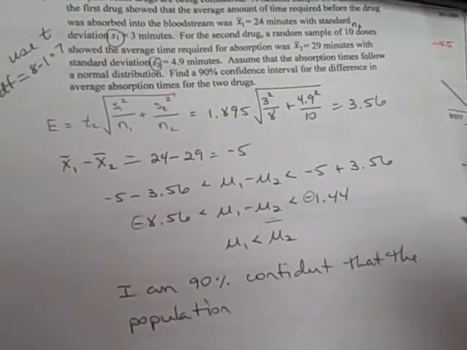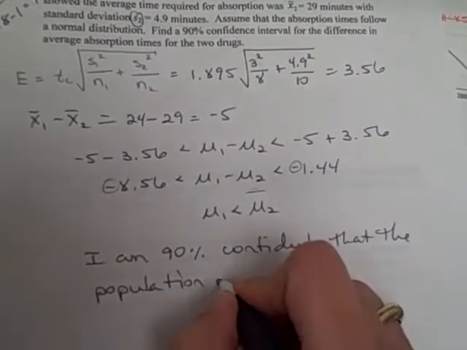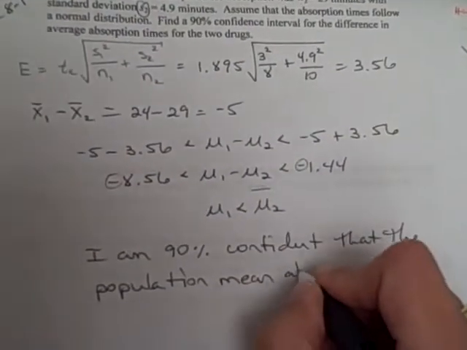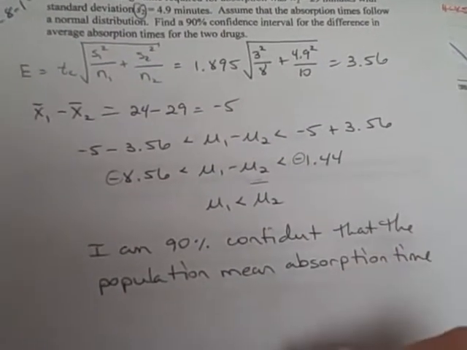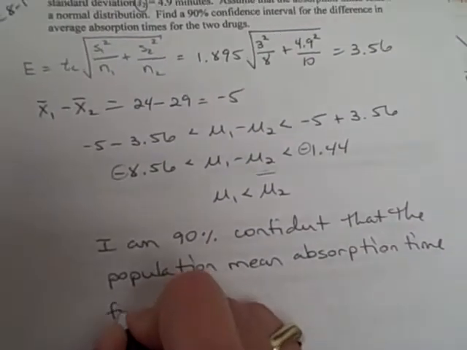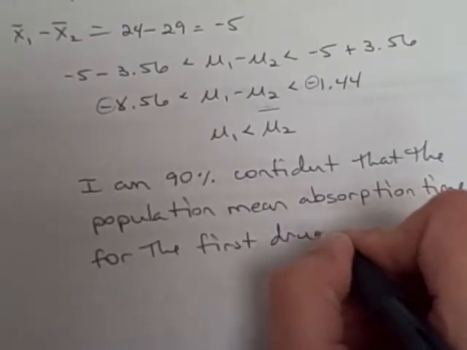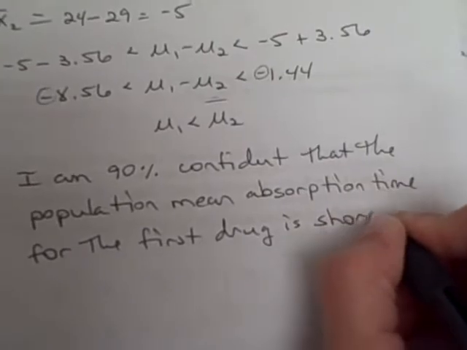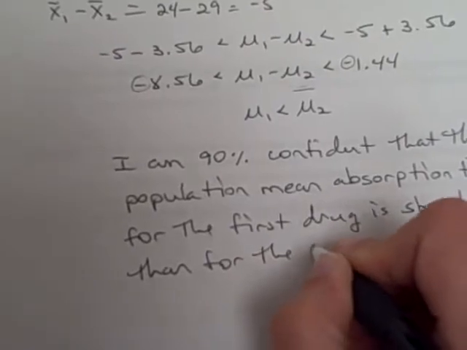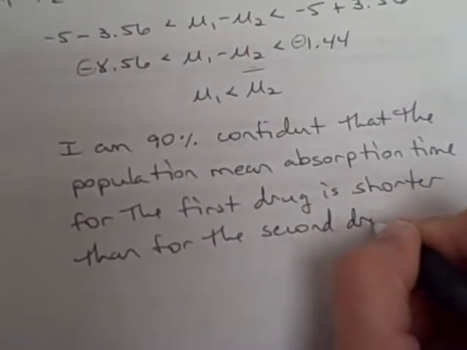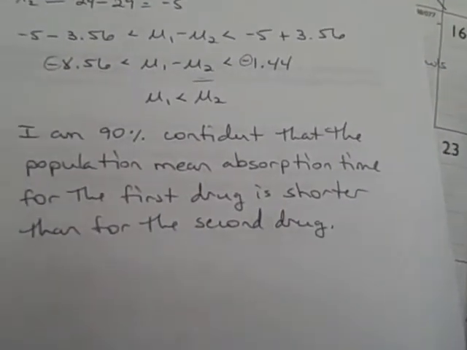We're talking about the time it takes to be absorbed, so the absorption time, so that the population mean absorption time for the first drug is shorter than for the second drug. Okay. Or the second drug takes longer to absorb into the bloodstream than the first drug.